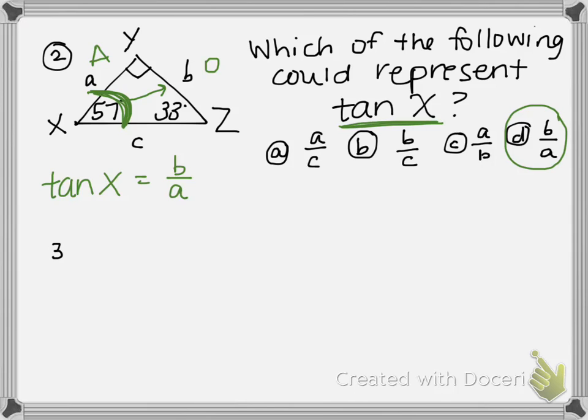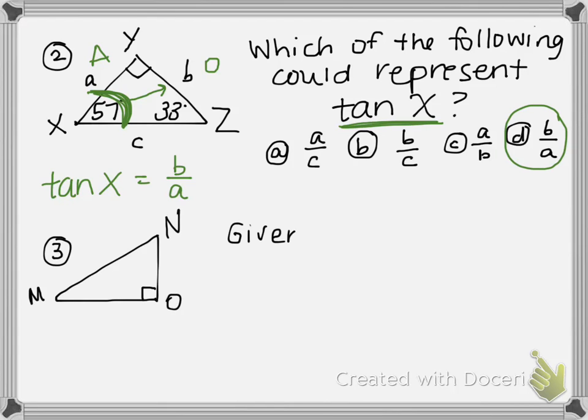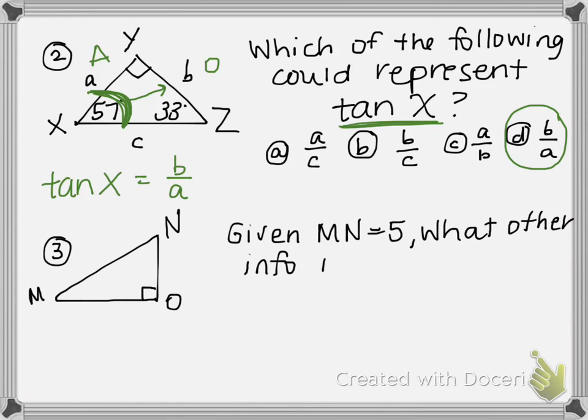Alright, and the last one, we have our right triangle, and it's going to be MNO. And given MN equals 5. What other information is needed to find the sine of M?